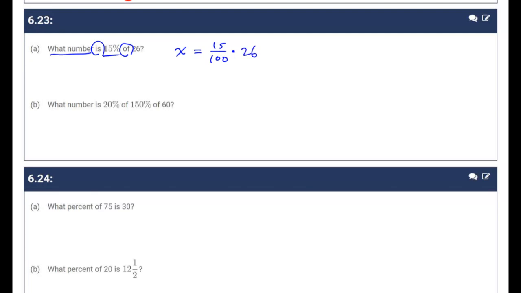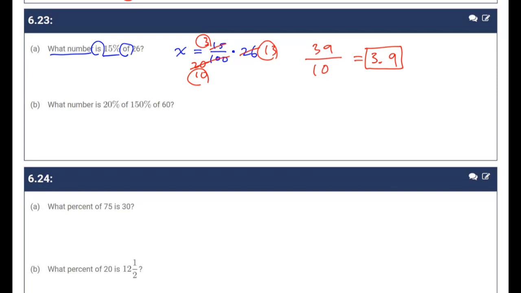So if you try to reduce 15 with 5, which is 5 times 3, and 5 goes in here 20 times, and well, I could keep reducing this because 2 goes in there 10 times, 2 goes in here 13 times, right? So that will be 3 times 13, which is 39 over 10, which is the same thing as 3.9, and that's the answer.